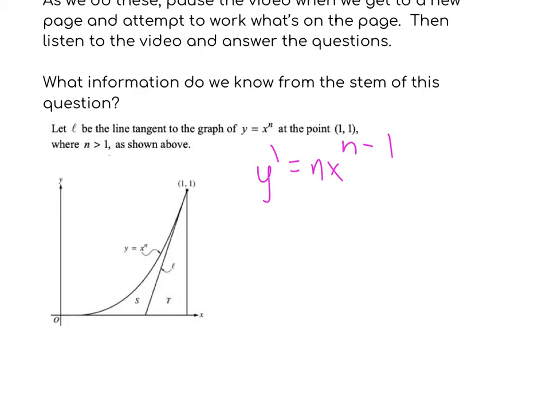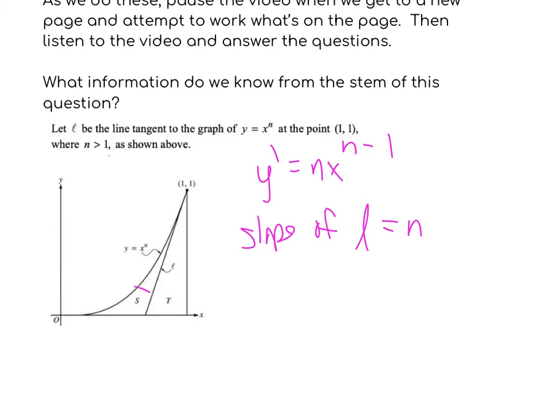When x is 1, that's the slope of L. So slope of L is n, because if I make x 1, then I can find the slope of L.